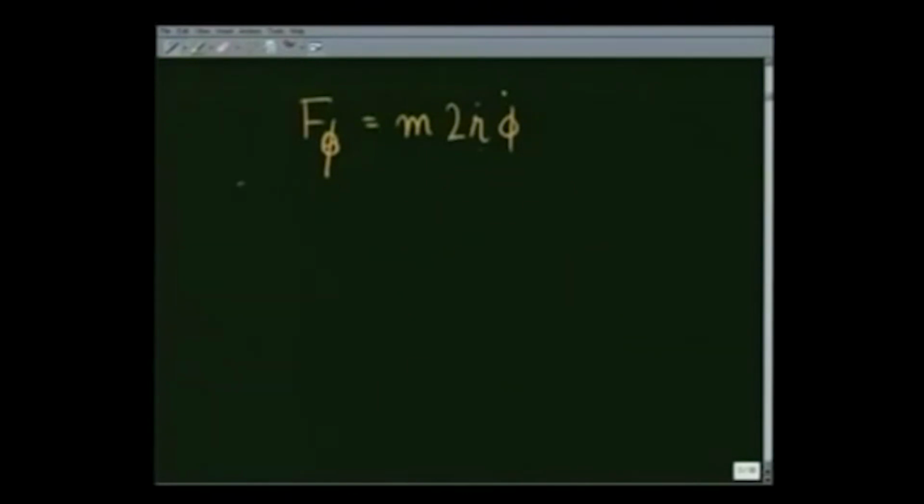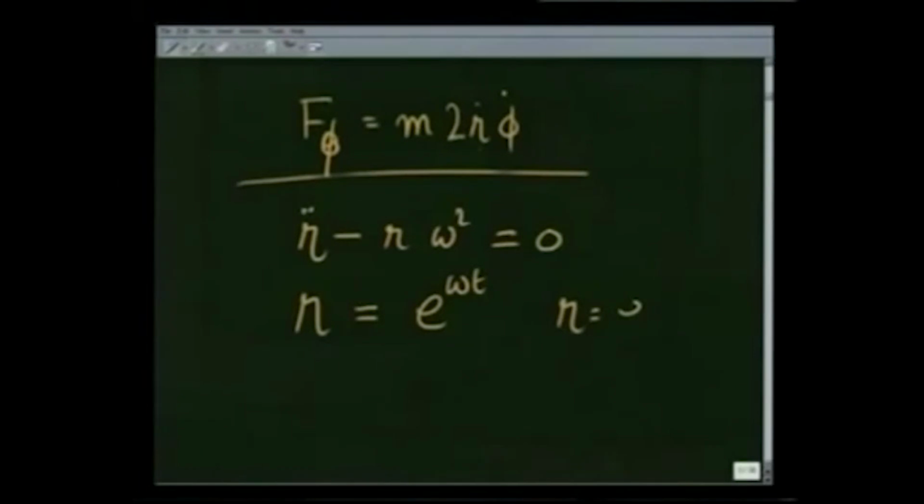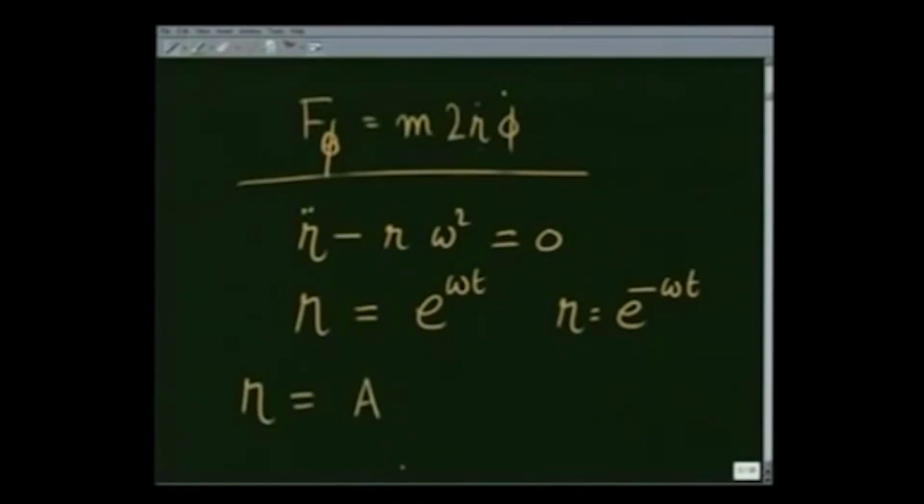To start solving the equation, let me go back to the earlier equation r double dot minus r omega square is equal to 0. You can see by inspection that this has two solutions, r is equal to e raised to omega t or r is equal to e raised to minus omega t, and therefore, the general solution r is going to be a, where a is a constant, e raised to omega t, plus b, where b is another constant, e raised to minus omega t.